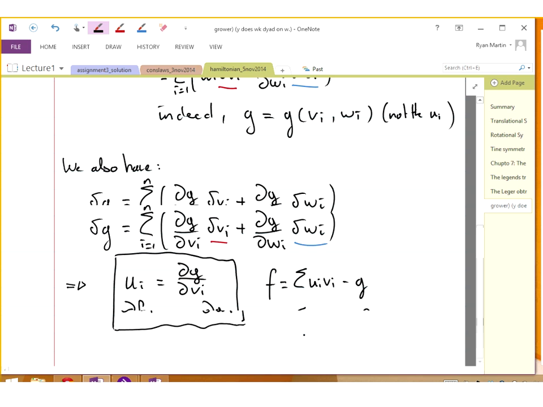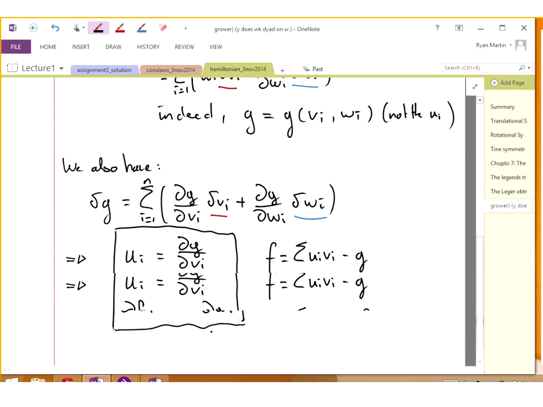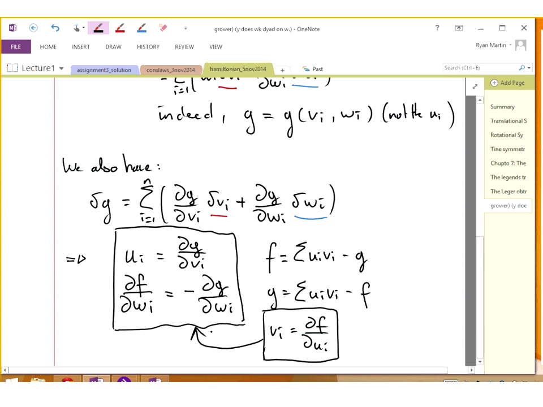I guess I forgot to write down the equation where Vi equals ∂F/∂Ui, and put that one in there. Okay, any questions about that?